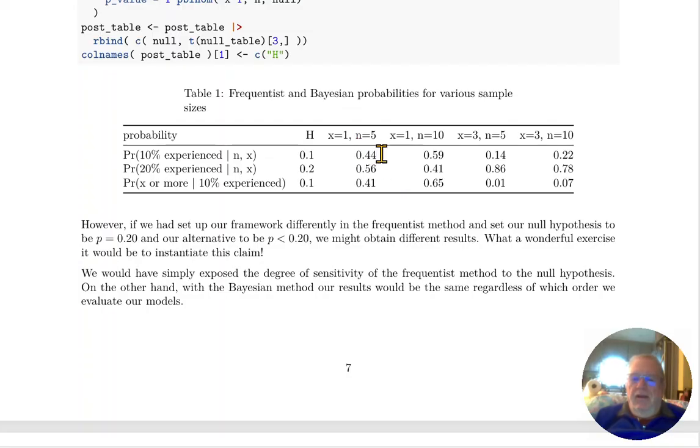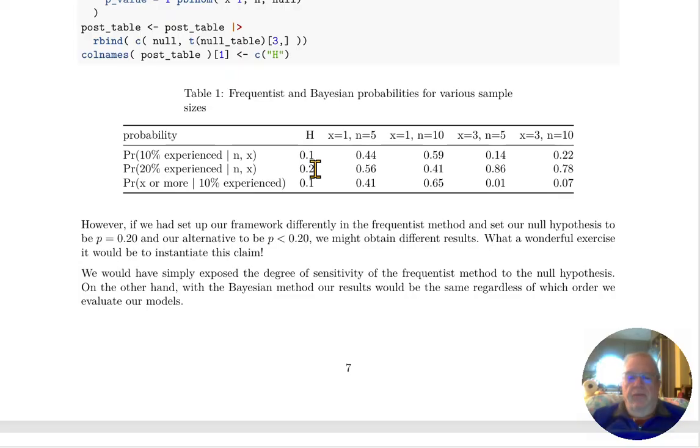44, increase the size, it goes up to 59, and if you find 3 teams in 5, or 3 teams in 10, it's the same sequence, low to high. And notice what happens on the flip side if you were to use the hypothesis 20% instead.